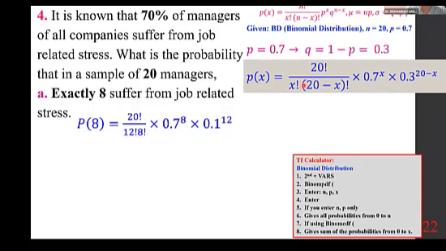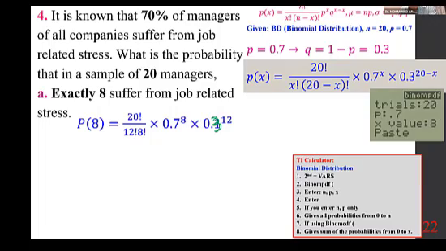Now, I'm going to plug it in to show you how that works. 20 factorial over this becomes 8, this becomes 12. In any order you put it, it doesn't matter. 0.7 to the power of 8 and 0.3, this is 0.3, everybody, to the power of 12. And you can do the math. Or if you go with the binomial PDF, as it was mentioned, the technology does it for you.